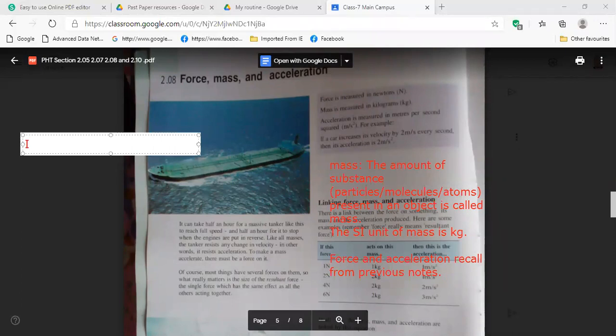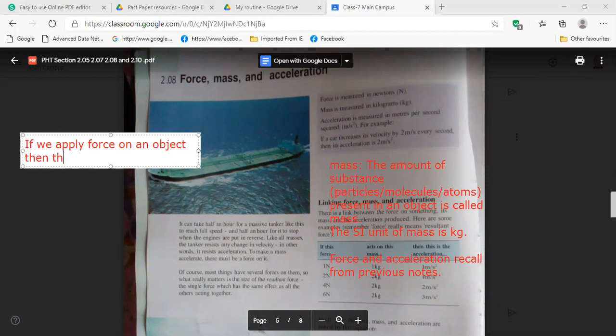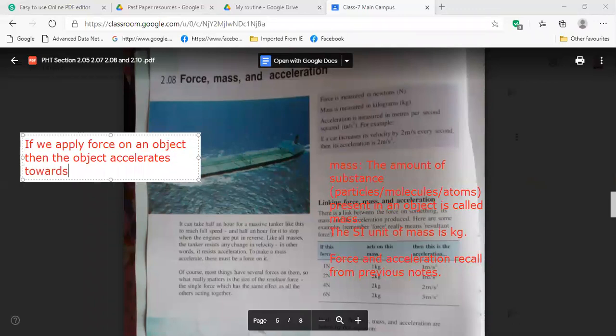If we apply force on an object, then the object accelerates towards the direction of force.